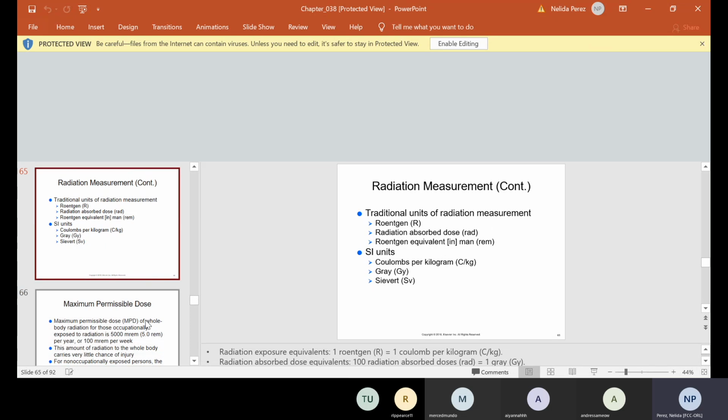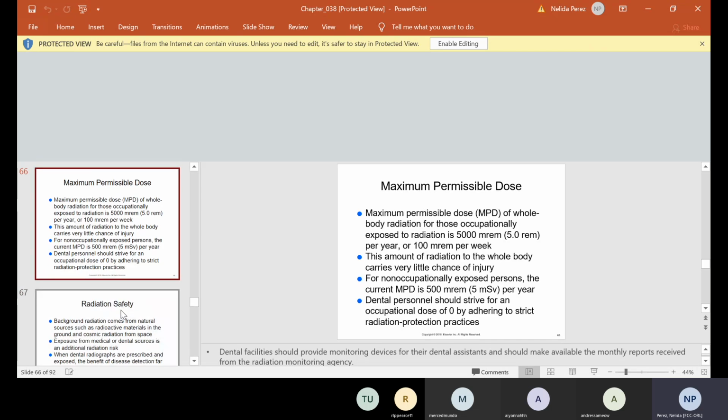The traditional units of radiation measurement are the roentgen, R, the radiation absorbed dose, RAD, and the roentgen equivalent man, REM. And then your SI units, you see them here: coulombs per kilogram, C/kg, the gray, Gy, and the sievert, Sv. Most offices provide badges too. Yes, and we'll get into that.